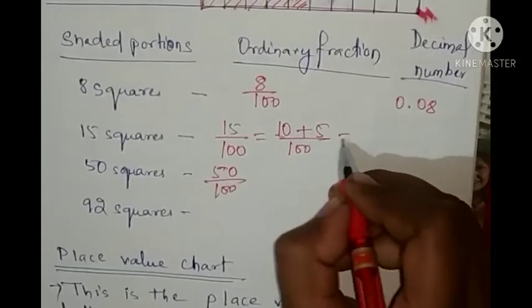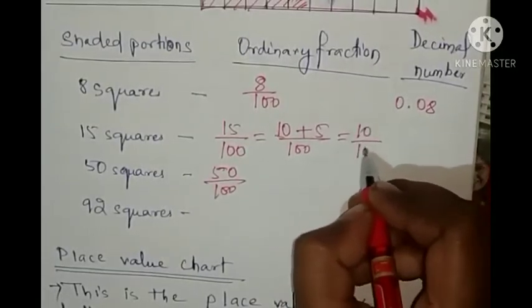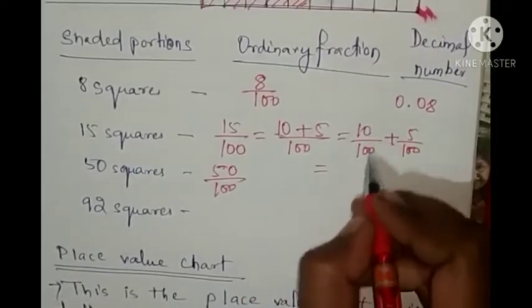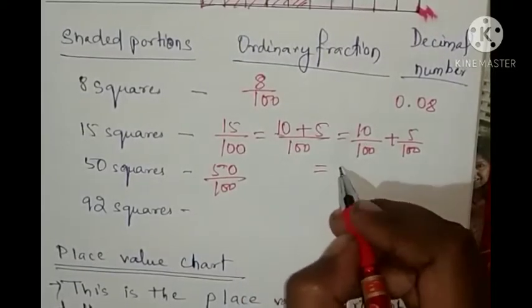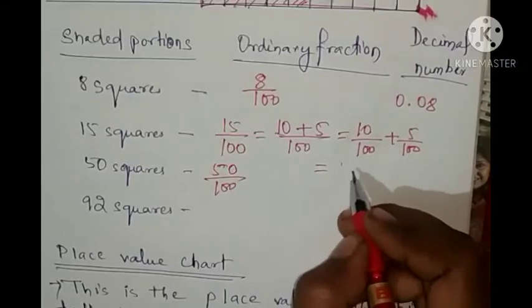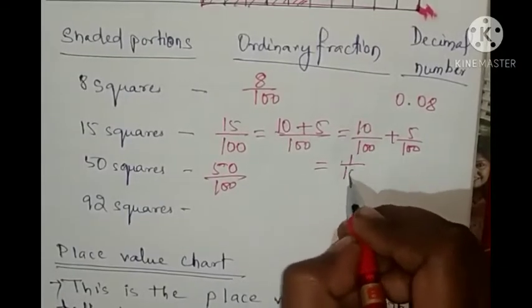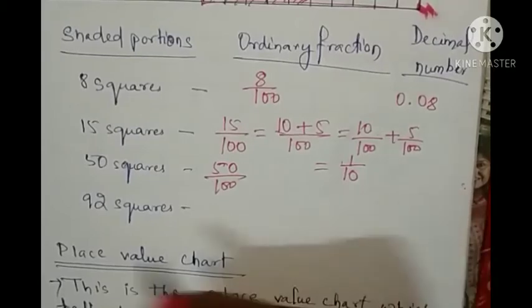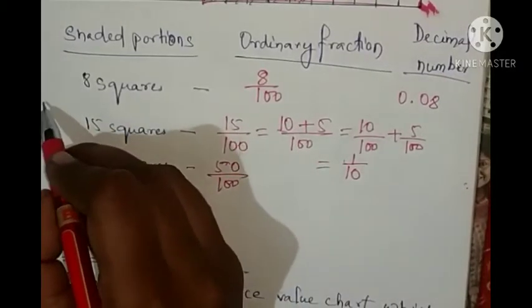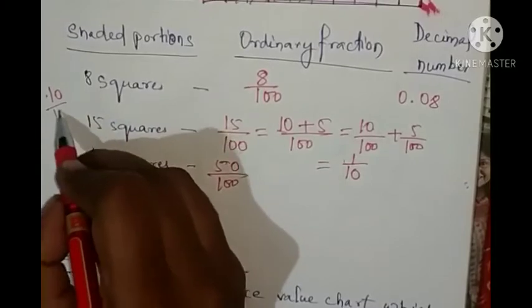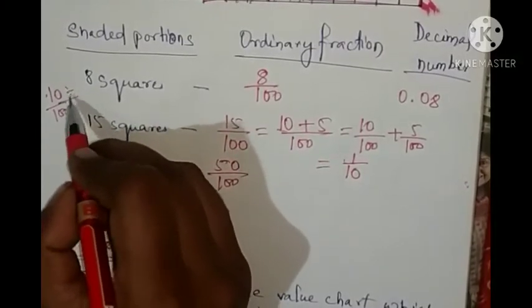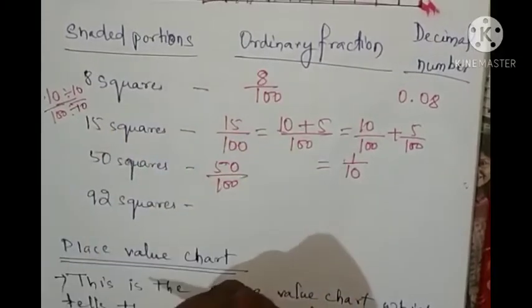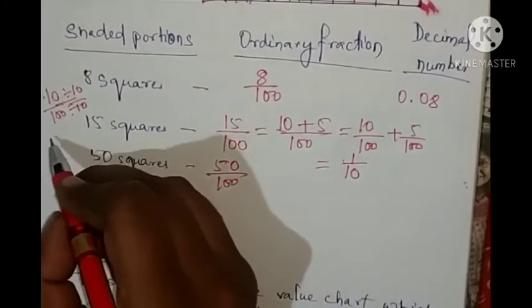So we can write as 10 by 100 plus 5 by 100. Look here, 10 by 100 is what? 10 by 100 is your 1 by 10. We can convert 10 by 100 into 1 by 10 because you can reduce it into reduced form.